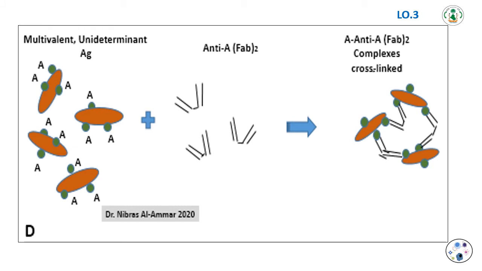Two Fab bound together bind with the multivalent unideterminant antigen. This leads to anti-A Fab2 complexes that cross-link between each other, because there are two binding sites from these two Fab and the antigen is multivalent. In that case, cross-links occur.